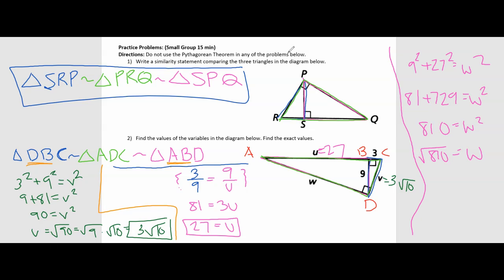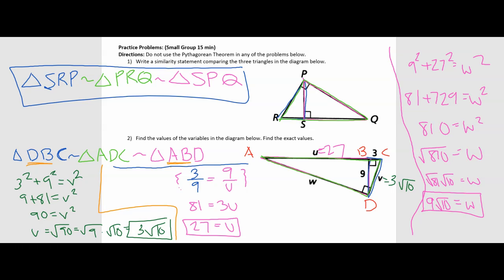Is there a perfect square factor for 810? There is. It's 81. So the square root of 81 times the square root of 10. The square root of 81 is 9. So W is equal to 9 times the square root of 10.